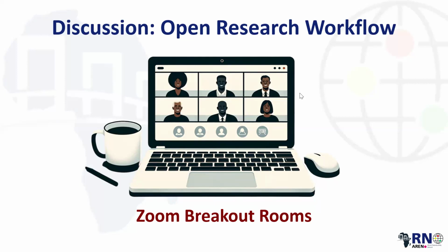So if it was me, I don't think there's a rule for that, but I would first go to my institution and submit the new protocol. And once I get it approved, then I go directly to my open research tool or platform, the place where I'm sharing my protocol.